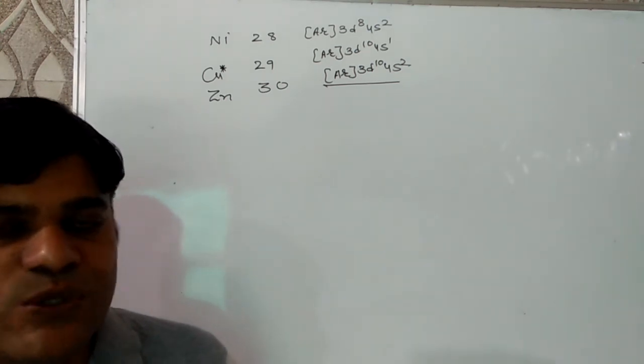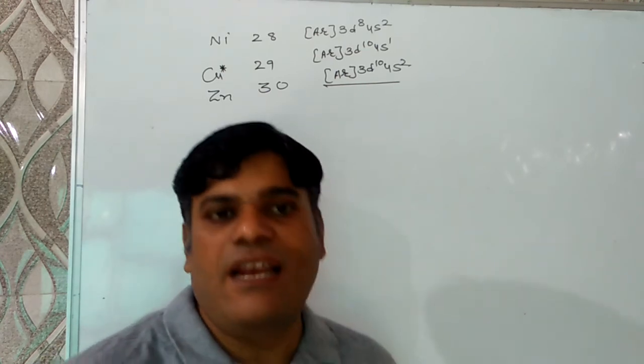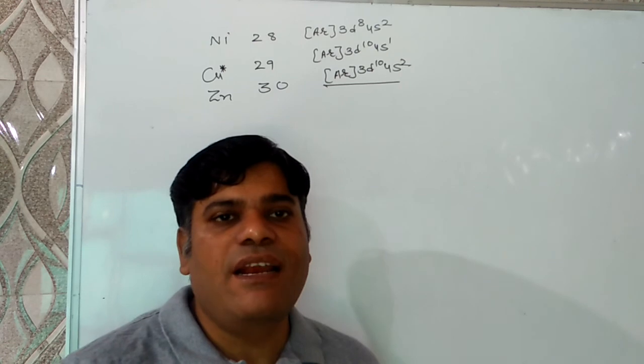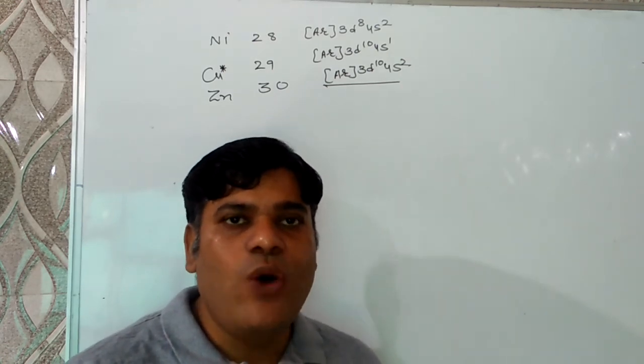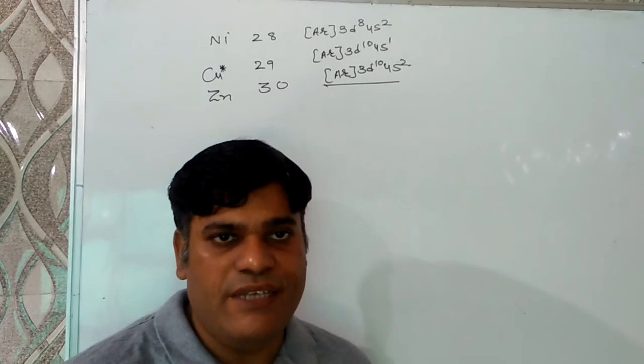Next question may be there, why do chromium and copper have exceptional electronic configuration? Chromium and copper have exceptional electronic configuration due to extra stability of half-filled and full-filled electronic configuration.